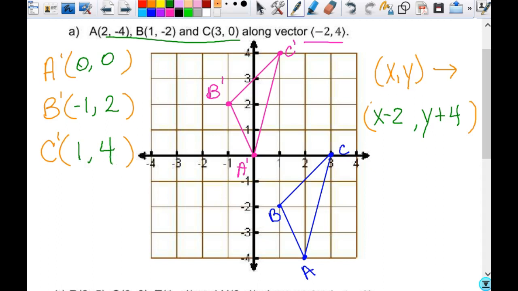So I got my graph by counting things, and then I got my points by looking at the vector or the mapping. It doesn't matter which one. But since I did both ways, I can use that to double check myself. My A prime should be at (0, 0), and it is. B prime should be at (-1, 2). C prime should be at (1, 4). And I could have gotten these first and just plotted those points. That works too. Okay.